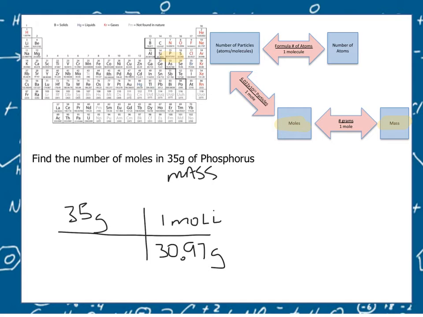And I put it on the bottom so that grams cancel, and it leaves me with the unit that I'm looking for, moles. So now I know that I'm ready to calculate. If you have a number on the bottom, you divide by it. So what I'm going to enter in my calculator is 30 divided by 30.97, and I get 1.1 moles.